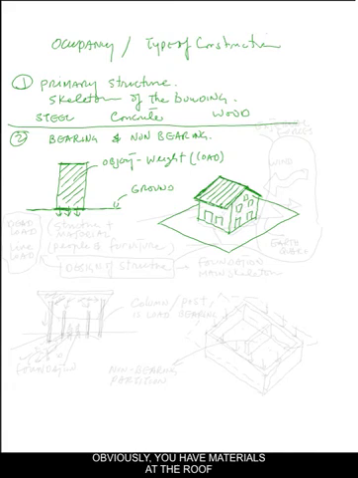Obviously, you have materials at the roof, which has some weight to it. You have walls that have materials on them. They are plaster, they might be stone, etc. There is a weight to this. Same with windows and doors. There are windows that have weight to them, glass, frame, etc. All of that starts to transfer into the load.